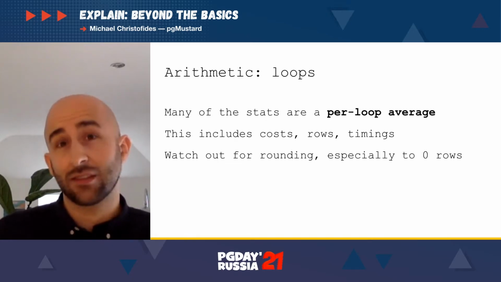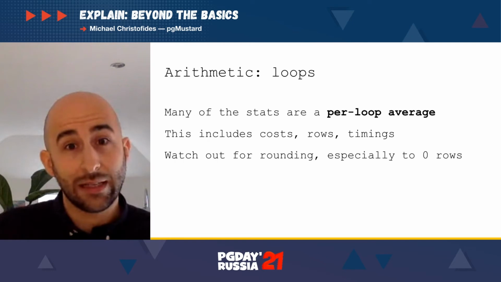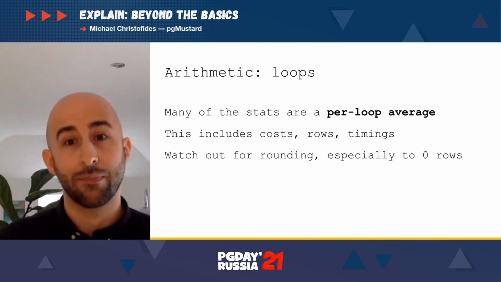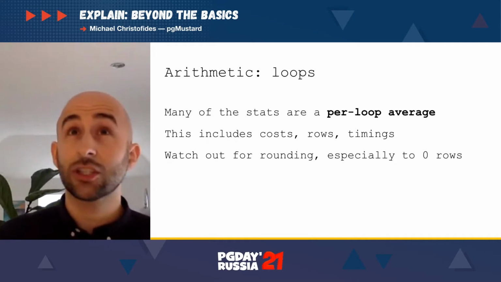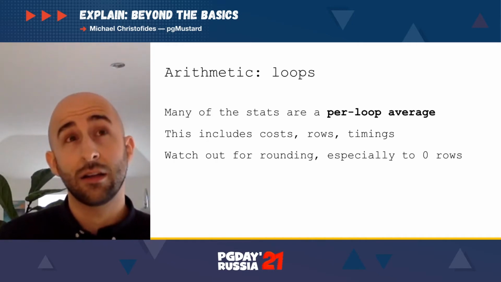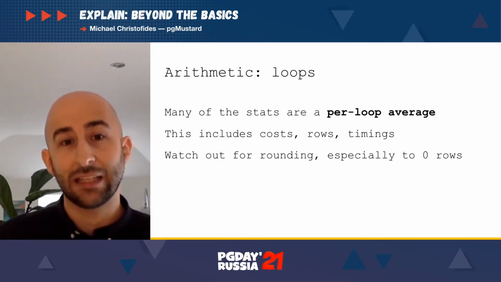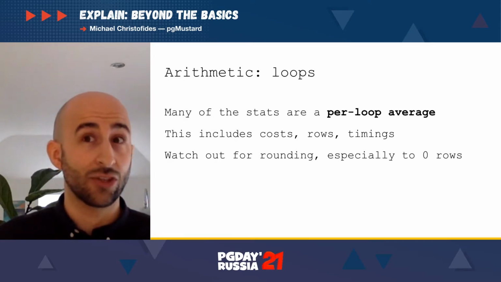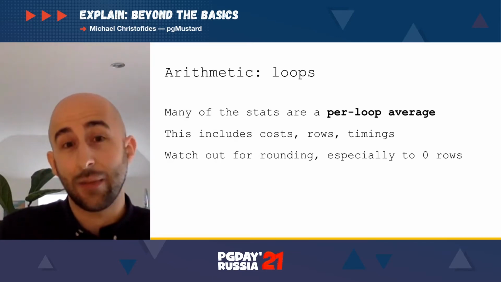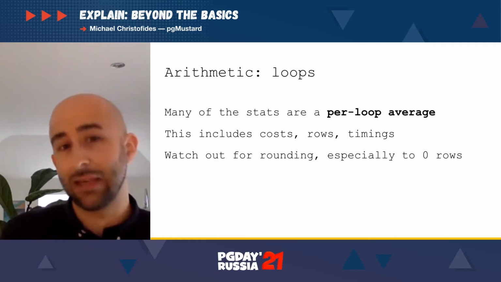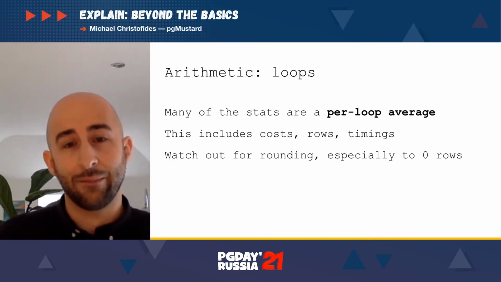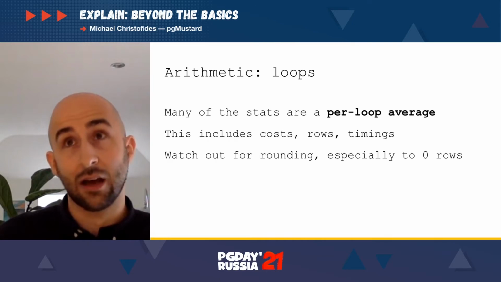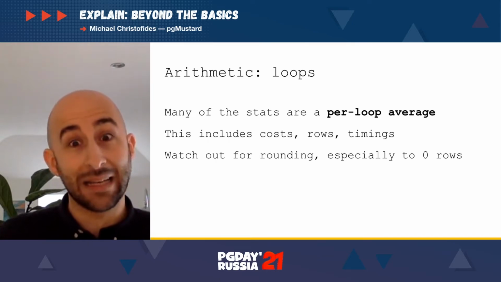Now that's really useful in a lot of ways, and it's how the planner thinks, but it can cause some issues. Costs and timings are fairly specific. Costs are measured to 2 decimal places in an arbitrary unit, but that tends not to be a big issue. And timings are 3 decimal places in milliseconds.